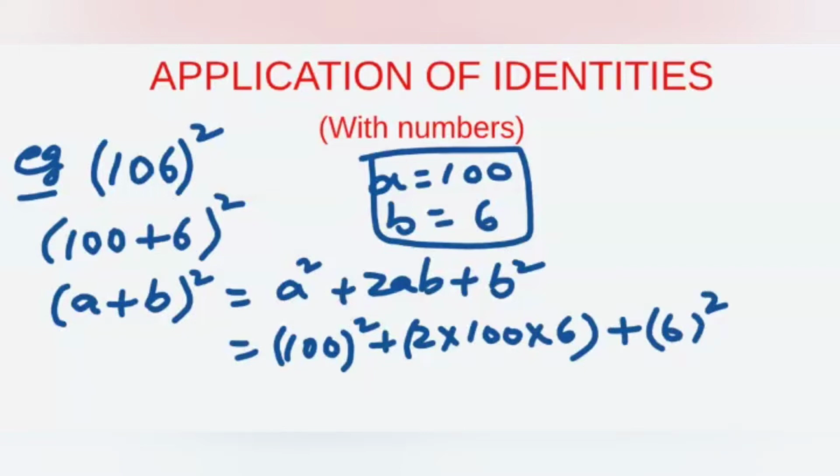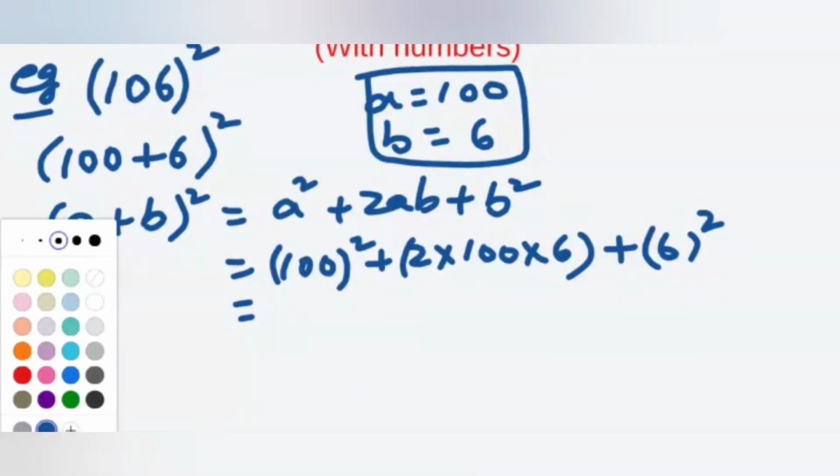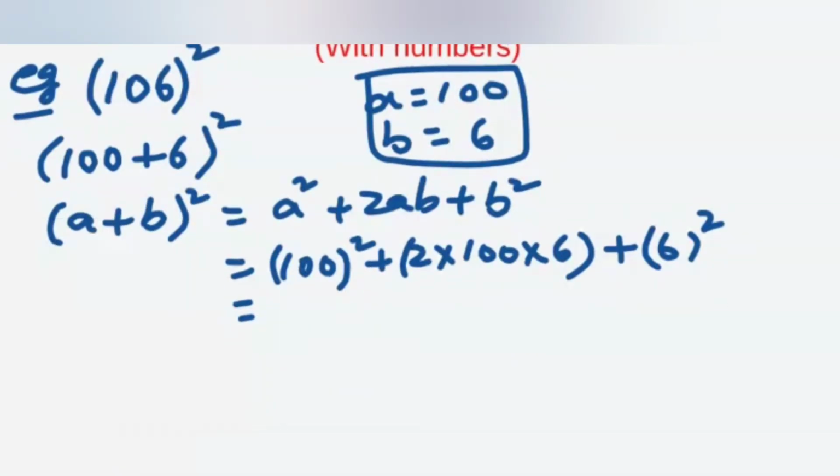Let us simplify a little more. 100 into 100 is 10,000, plus 2 into 100 into 6: 2 sixes are 12, 12 into 100 is 1200, plus 6 square, that is 36.